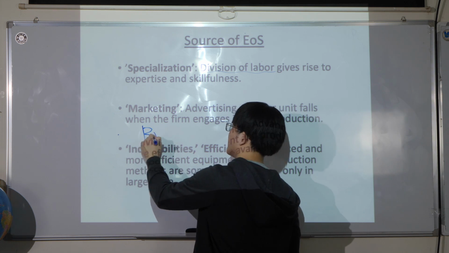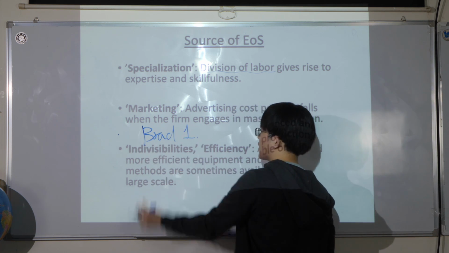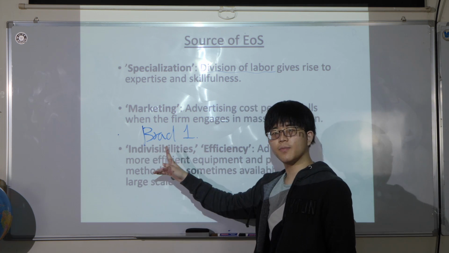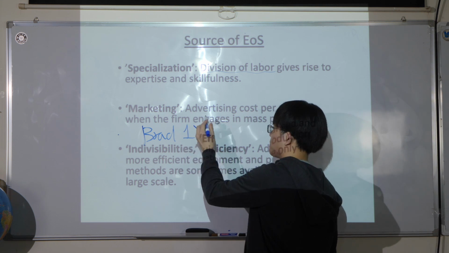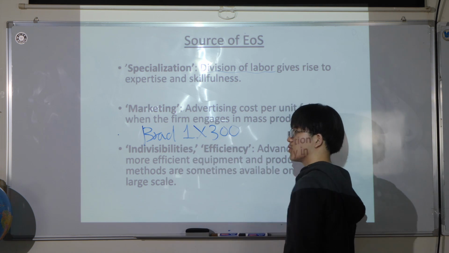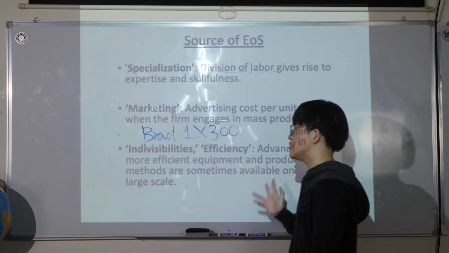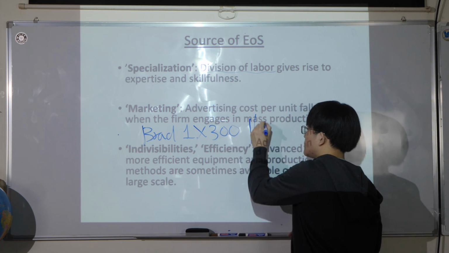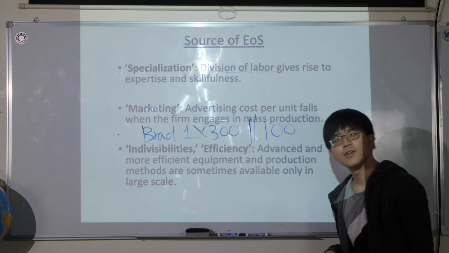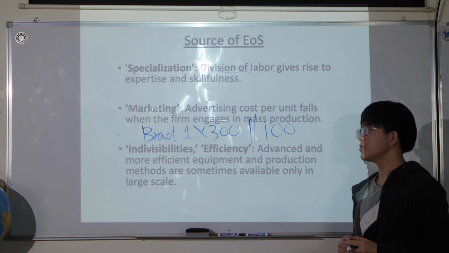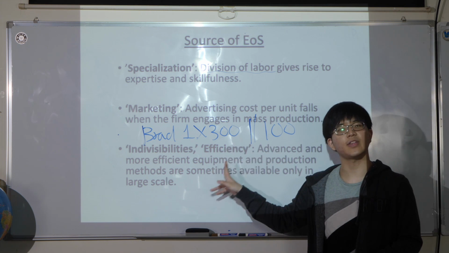Bread 1 can be produced with the machine by 300, right? But I already mentioned that I only need to produce 100 bread 1. But the problem is that I have a surplus of 200 with that machine.